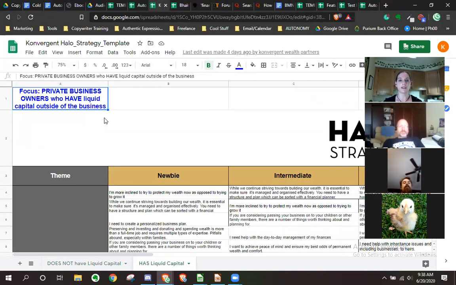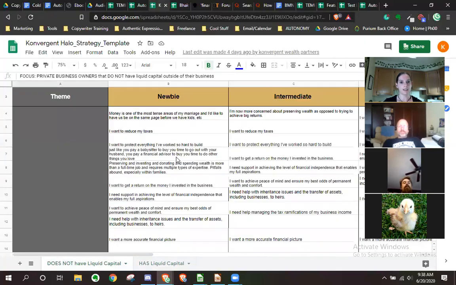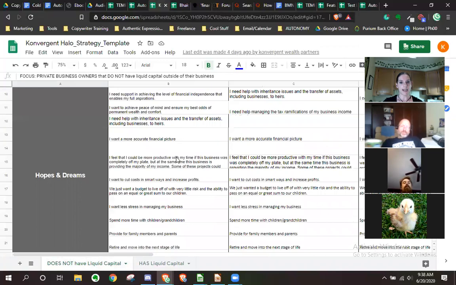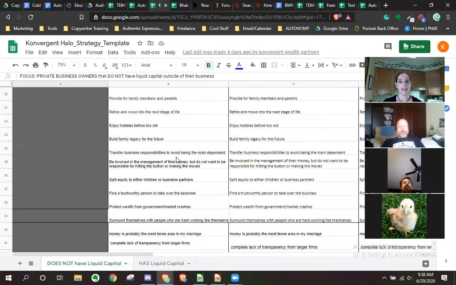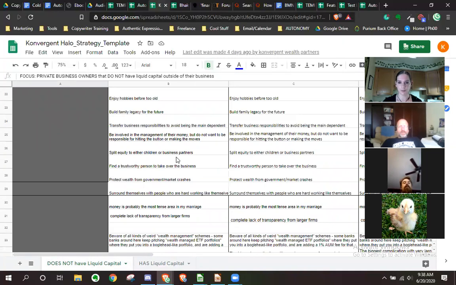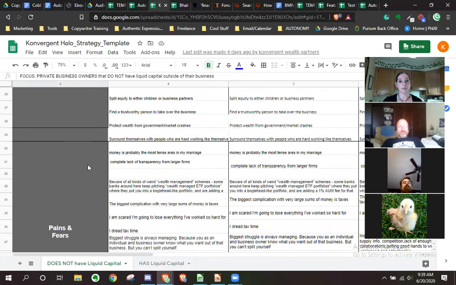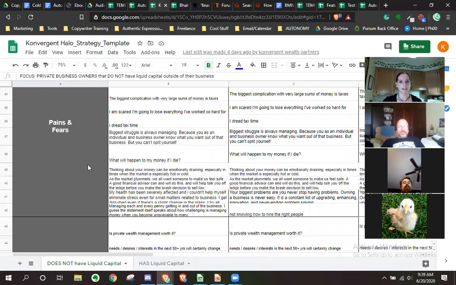So the pains, the fears, the hopes and dreams are all a little bit different, and we wanted to make sure that we had that particularly separated. And this one got really extensive. I actually got to a point where I had to stop and put a pin in it, because I was adding all sorts of lines to this, and I realized there was so much research that I could do, that I could keep going in so many different angles, and I just had to stop.